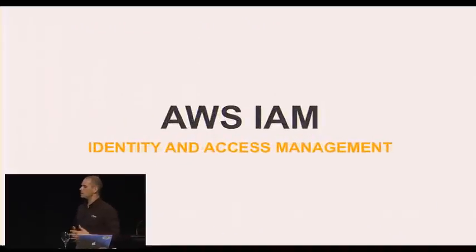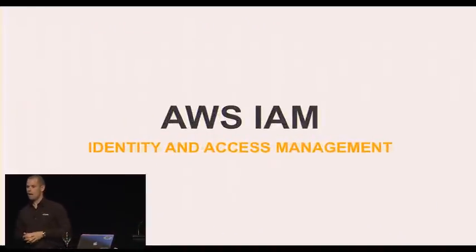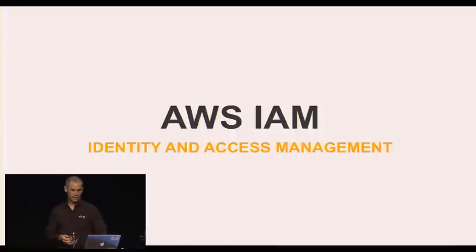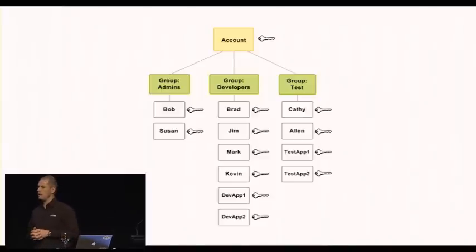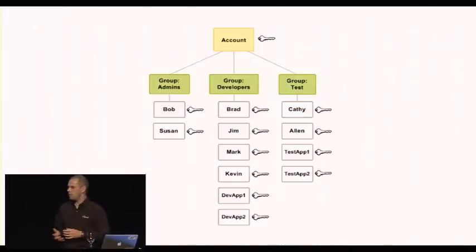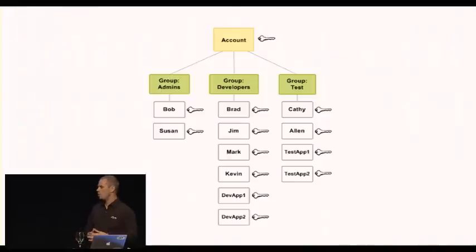So as Andy Jassy mentioned earlier, we have a service called Identity and Access Management, IAM. And that allows us to basically restrict access to resources to users and groups and roles within your organization. So when you create an AWS account, you'll have a username and a password, and that will obviously have full control over the resources that you own.